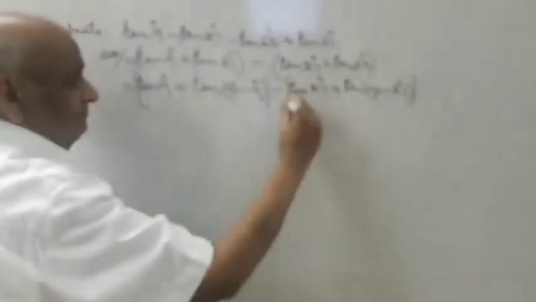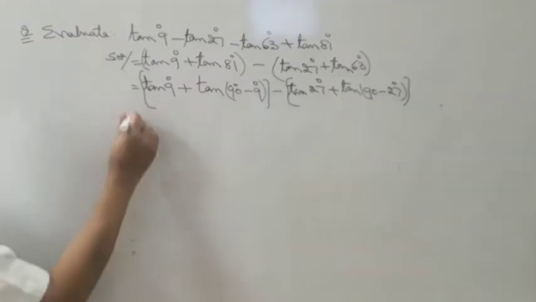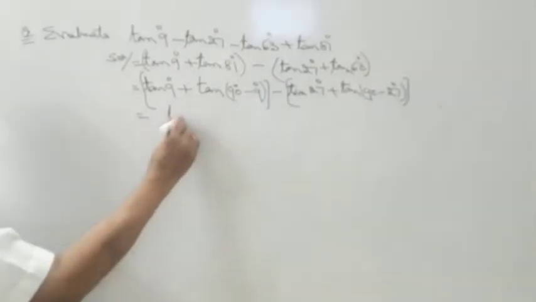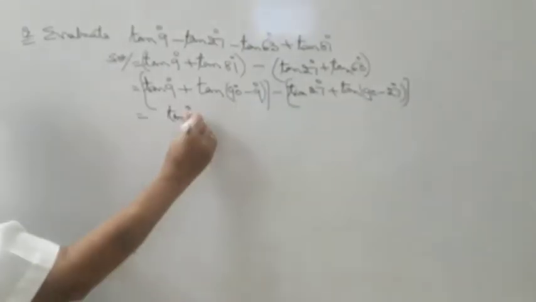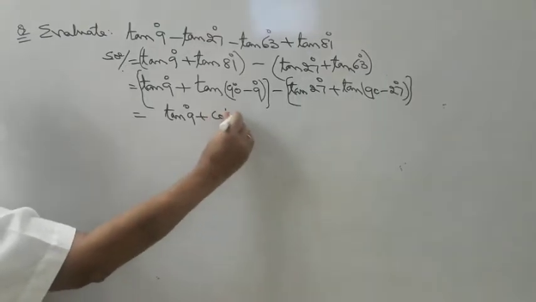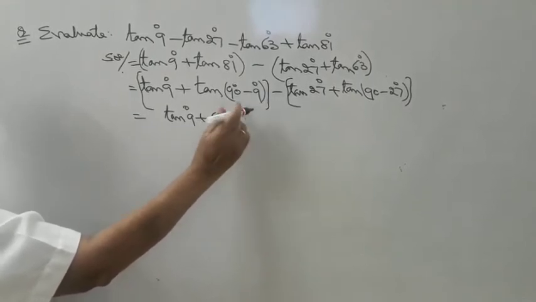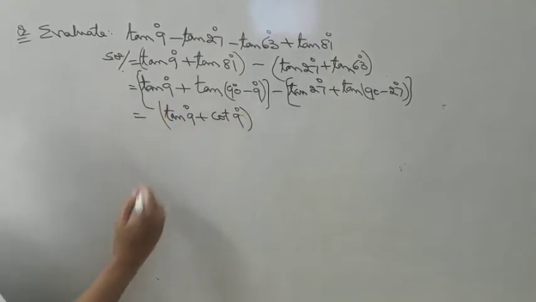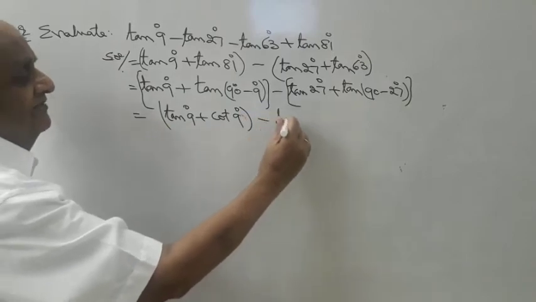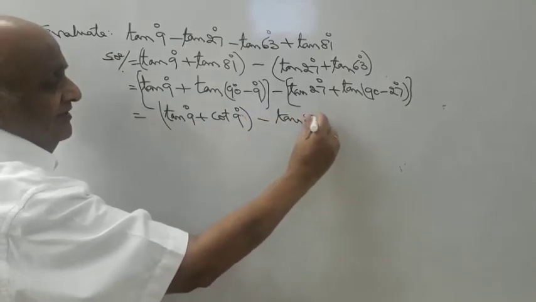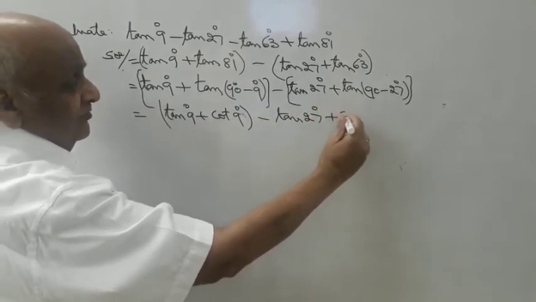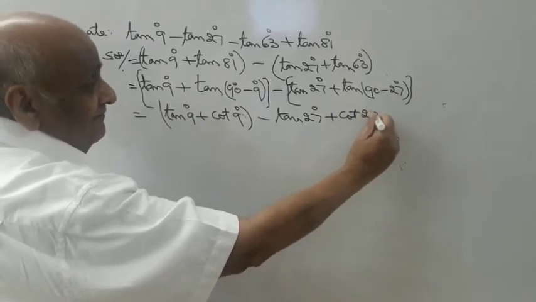Check out. And this is tangent of 9 degrees plus cotangent of 9 degrees minus tangent of 27 degrees plus cotangent of 27 degrees.